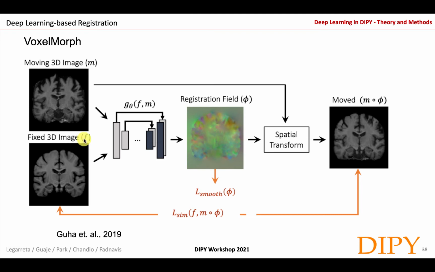VoxelMorph models a function g_theta using a convolutional neural network, where theta is the neural network parameters, the kernels of the convolutional layers.